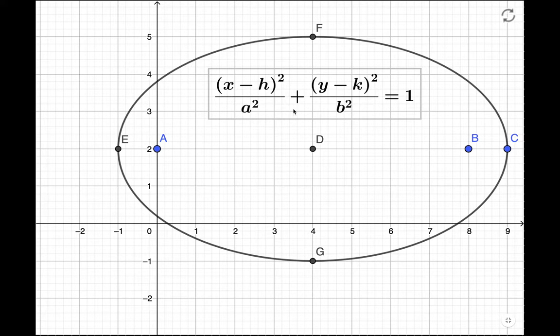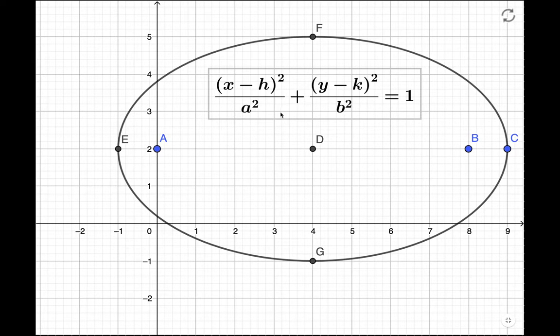Always equals 1. So again, just to reiterate, this would be x minus 4, because I have a 4 horizontal shift, squared, over 25, because the distance from the center to a vertex is 5, and 5 squared is 25, plus y minus 2, because it's a vertical shift of 2, in parentheses squared, over 9, because b is 3, and 3 squared is 9, equals 1.